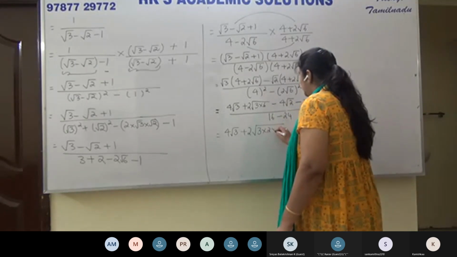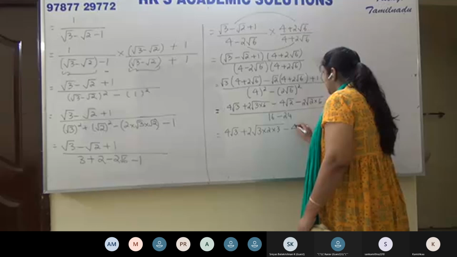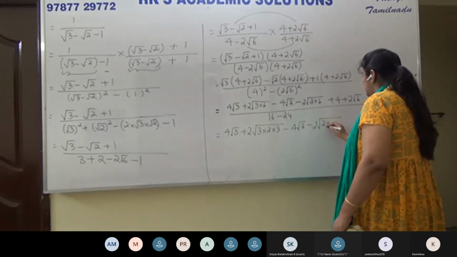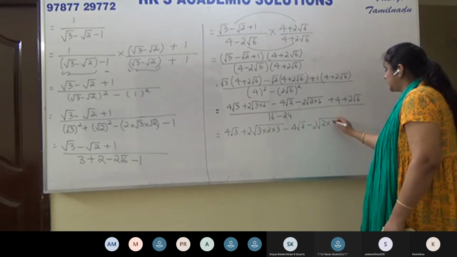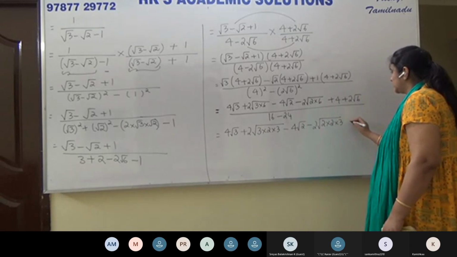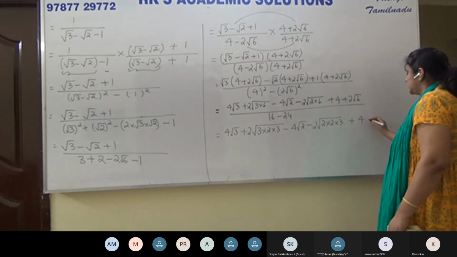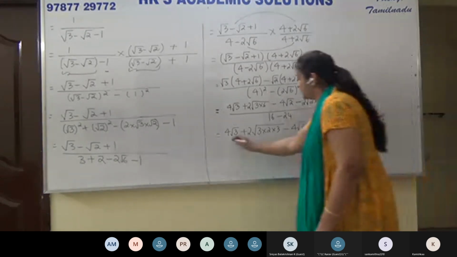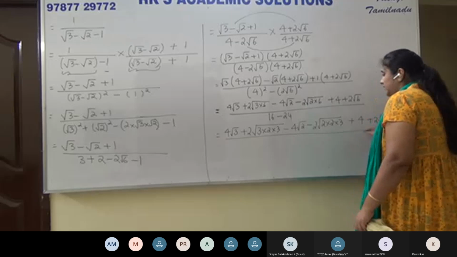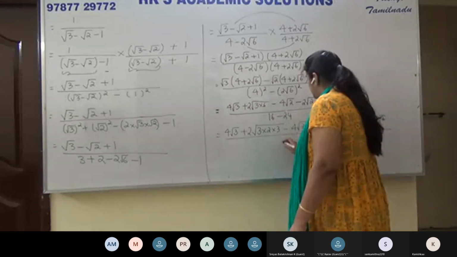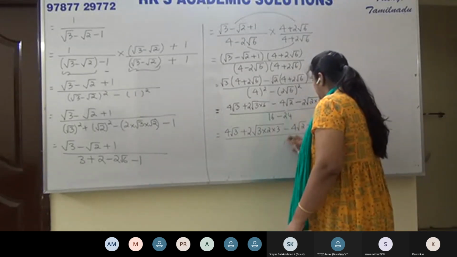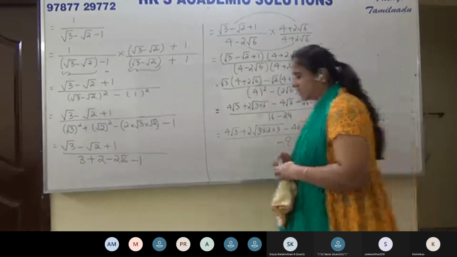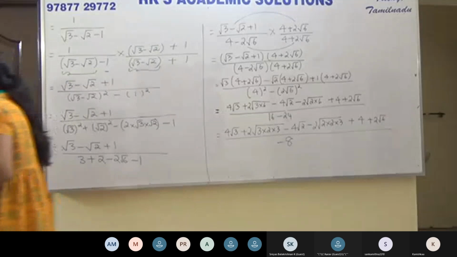So 3 into 6 is 2 into 3, minus 4 root 2, minus 2 into root of 2 into 6, which can be written as 2 into 3 or 3 into 2, plus 4 plus 2 root 6, divided by 16 minus 24, which is minus 8. Write down, children. I need to clear the board also. Please write down.